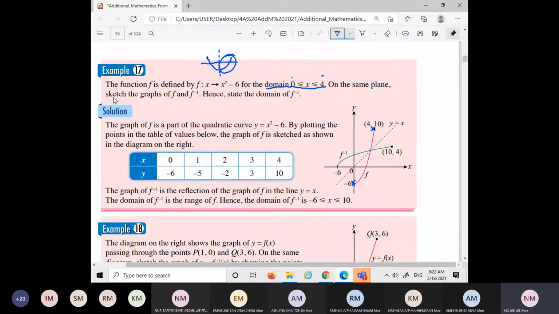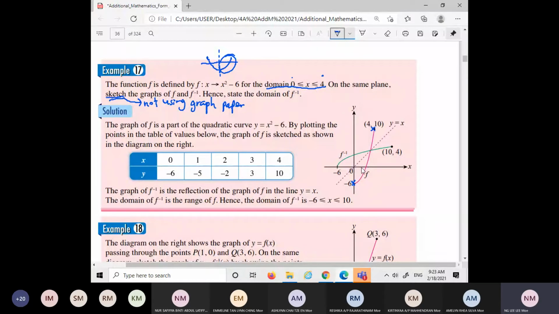Please pay attention: when the question says sketch, it means not using graph paper. When the question says draw, then yes, you use graph paper. When sketch, you don't use graph paper. But even though you are not using graph paper, I want you to know the scale is a uniform scale.